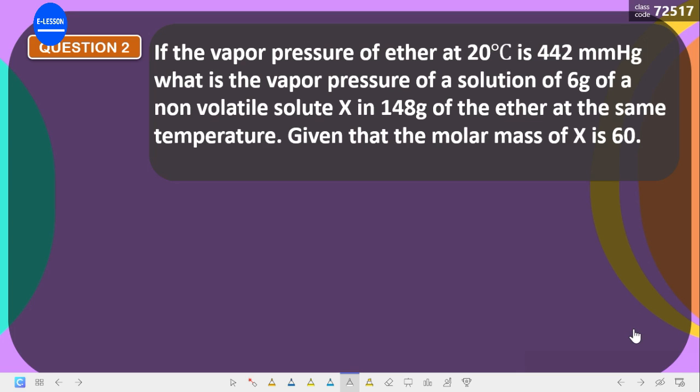Now, if you are given that the solute is very, very dilute, you are going to use a particular formula. If you are given that the solute is not dilute, or, as for this one, they didn't state, you are going to use the main formula.